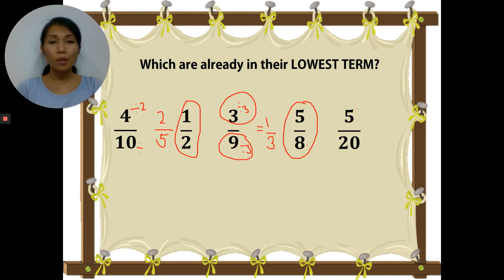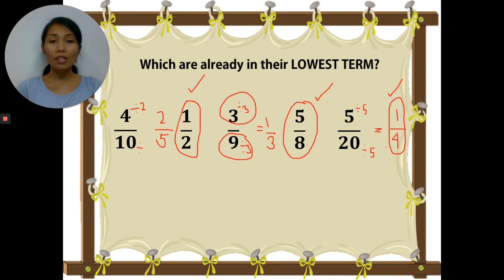How about 5/20? Okay, it's very obvious. We can divide by 5: 5 divided by 5, and 20 divided by 5. So 5 divided by 5 is 1, and 20 divided by 5 is 4. You see the numerator is already 1, so that is in the lowest term. So here it's 1/2, 5/8, and 1/4.